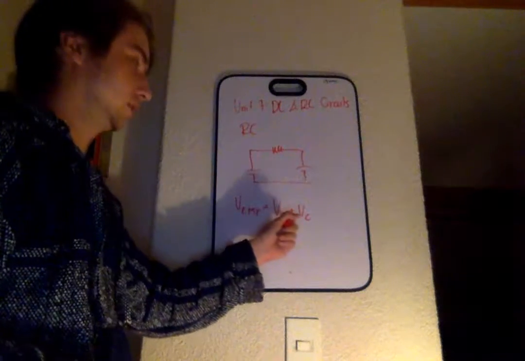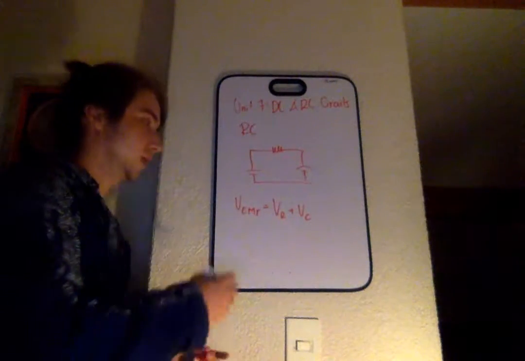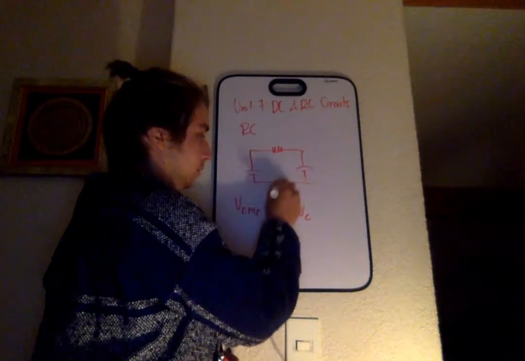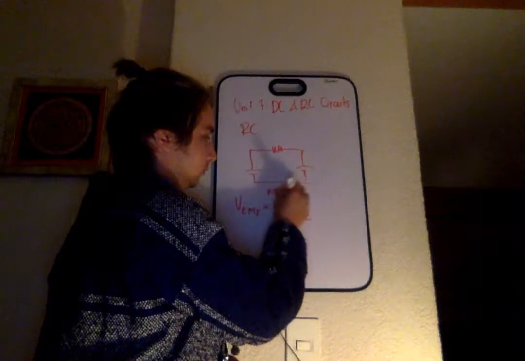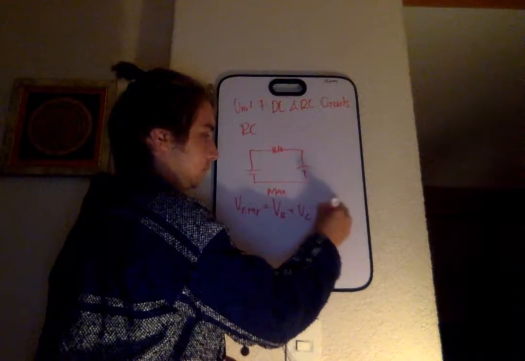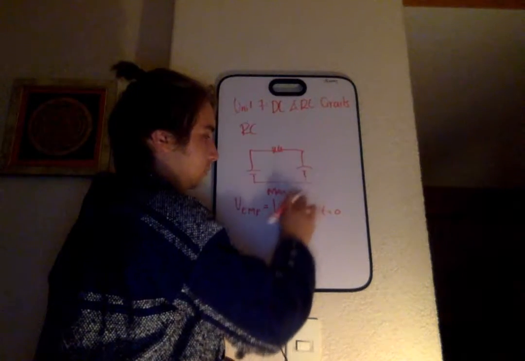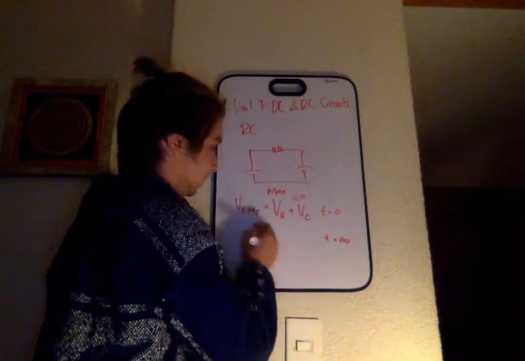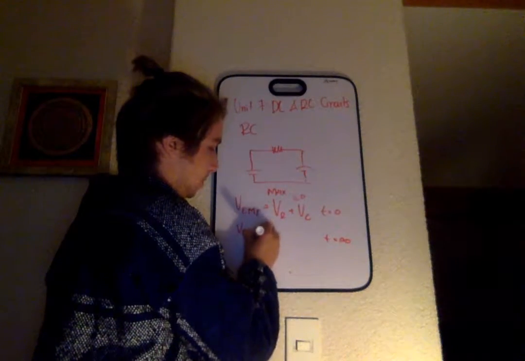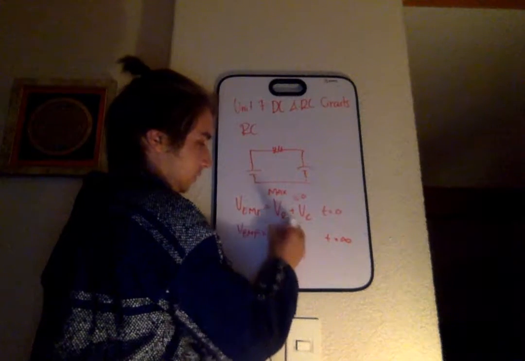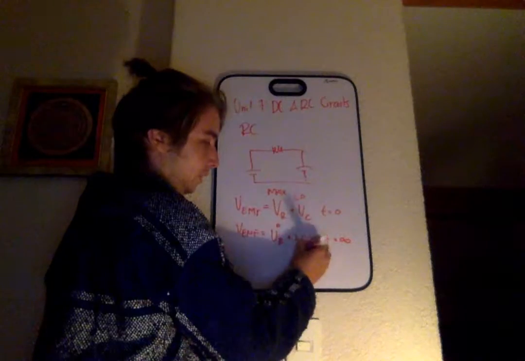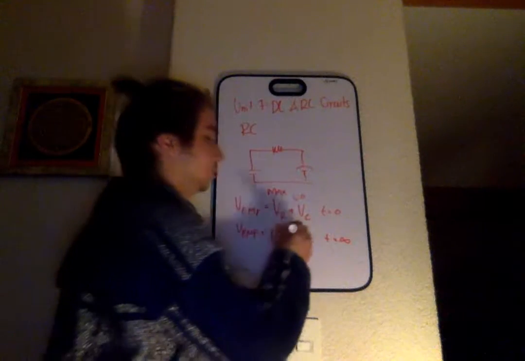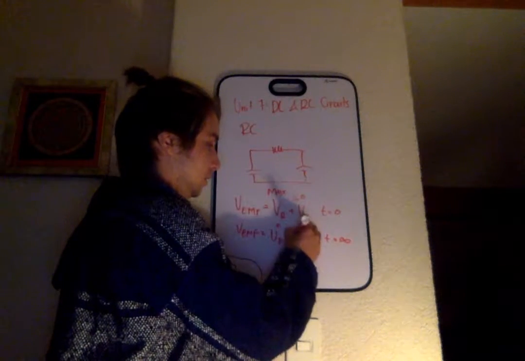And this will be varying over time, because as time goes by, the voltage in the resistor at time 0 will be the max, and the voltage at the capacitor will be 0. And at time infinite, the voltage at the resistor will be 0, and the voltage at the capacitor will be equal to the electromotive force voltage, EMF.